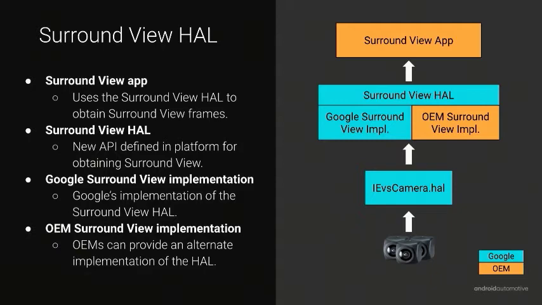So we get the camera frames from EVS for this, and applications can directly interface to this HAL layer and get surround view frames similar to how camera frames are obtained.